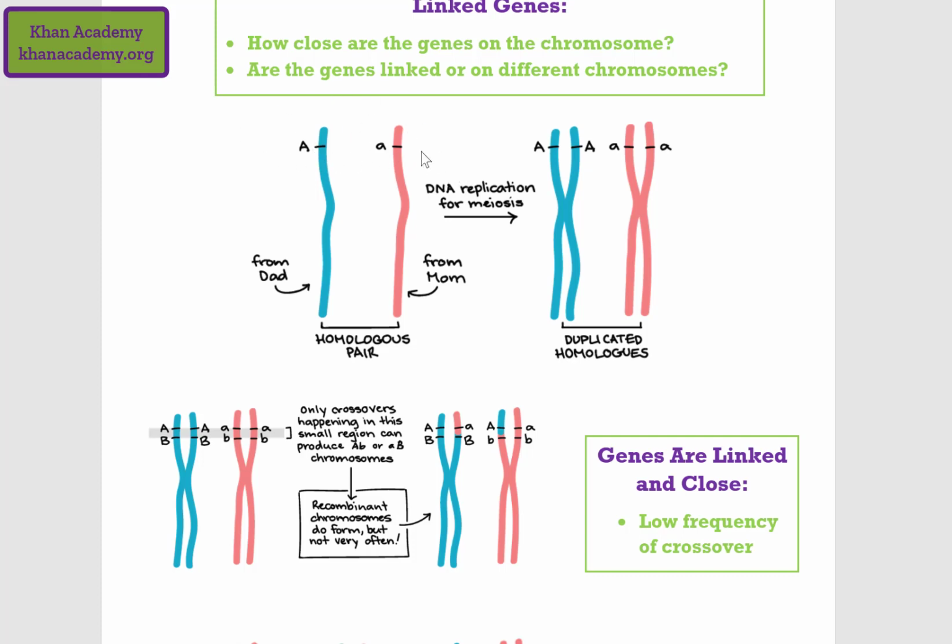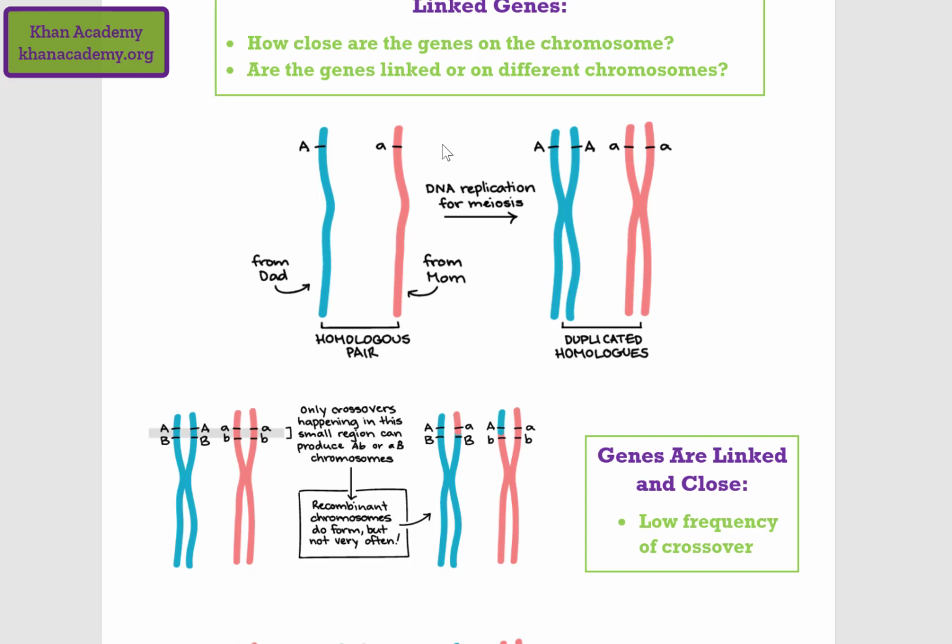But A is the gene. It codes for a trait. And there are different versions of that gene. So if this was eye color, the gene would be eye color, but then your version of the gene, it could be blue eyes, green eyes, brown eyes. Of course, it is way more complicated than that, but we're just using this as an example.